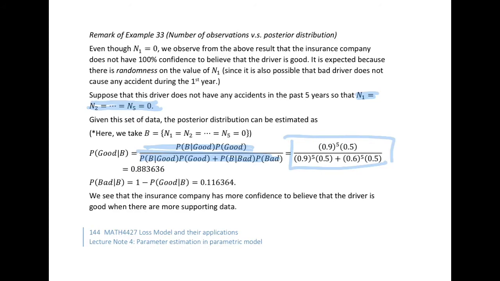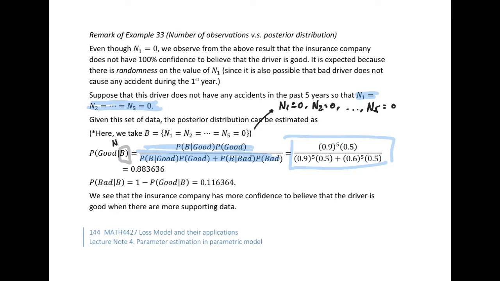Let me explain a little bit how you do this calculation. Here your given event will be n1, n2, ..., n5 are all equal to 0, meaning that this will correspond to this event.